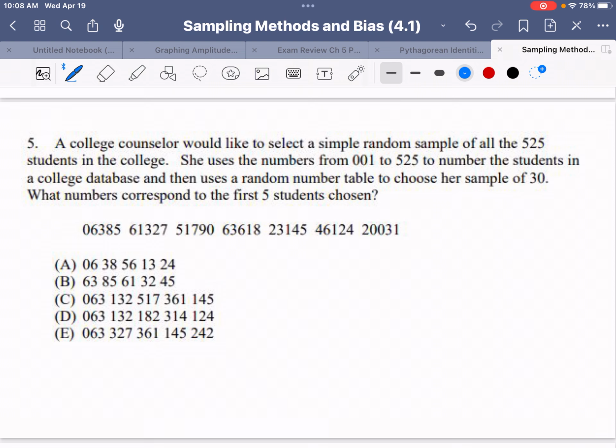What numbers correspond to the first 5? 063, so 63, 063. 856, that's ignore. 132, so I'm liking C and D. 063, 132, 751, 790, 36, 182. So it looks like answer choice D is panning out to be the right answer.